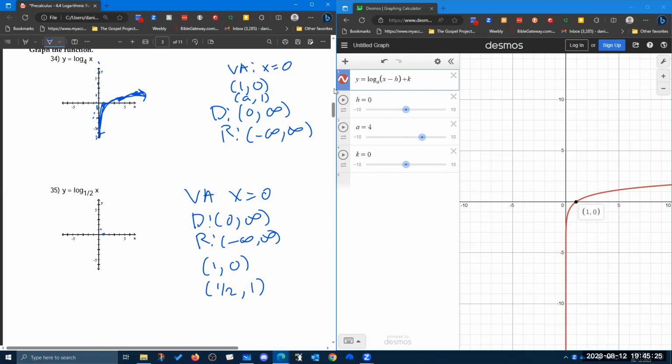So this one is going to come this way, like so.